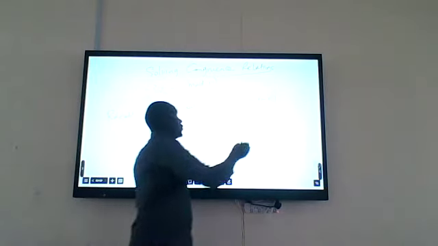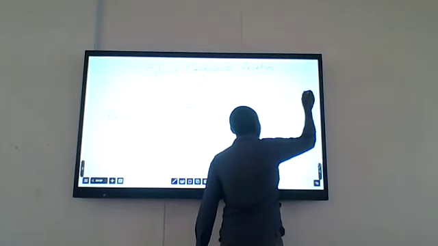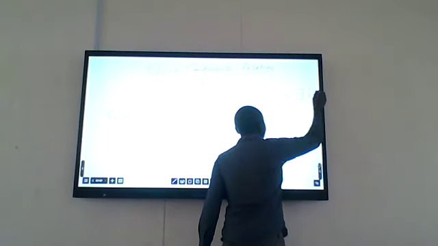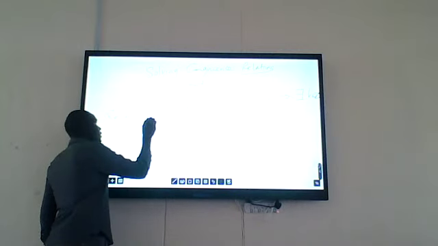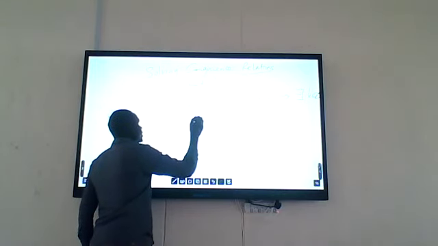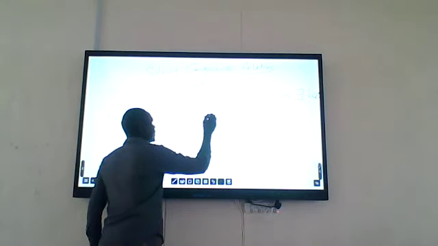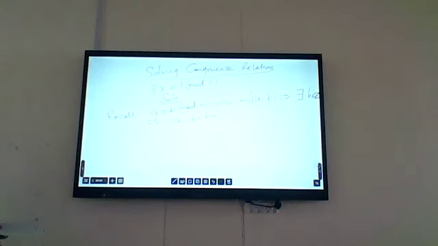And also, this means there exists an integer, say k, such that A minus B equals to km. So once you know that definition, then you can be able to see.